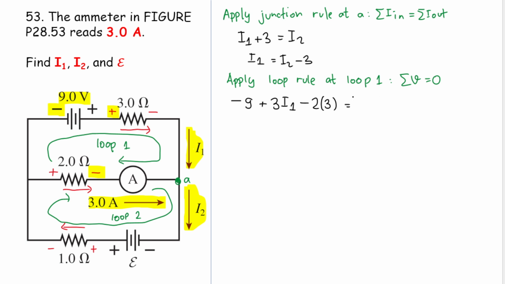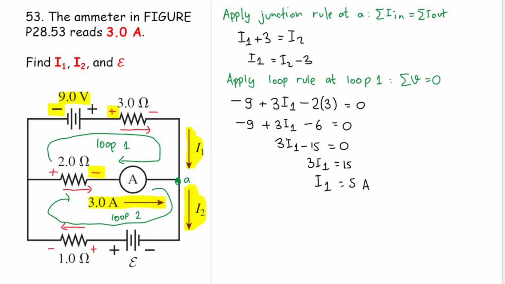So minus 9 plus 3 I1 minus 6 equals 0. Then 3 I1 minus 15 equals 0, or 3 I1 is 15, so I1 here is 5 ampere.